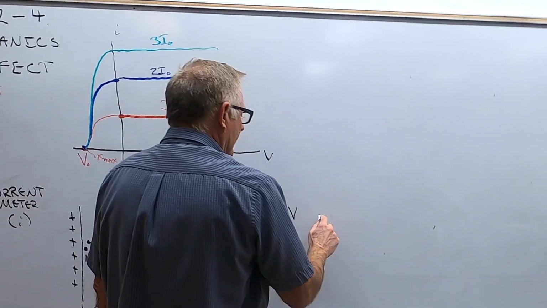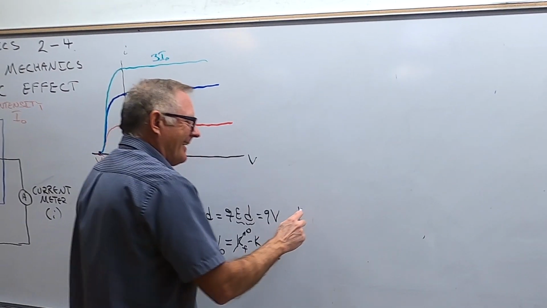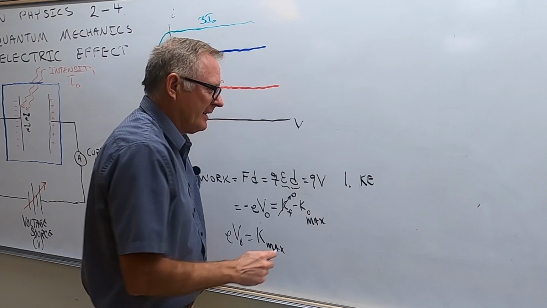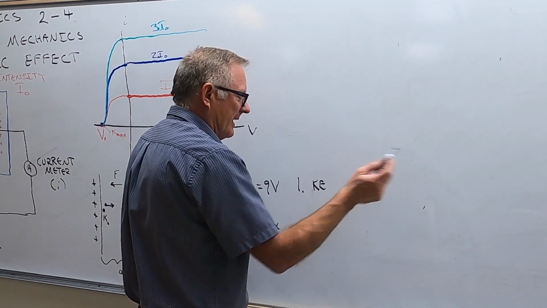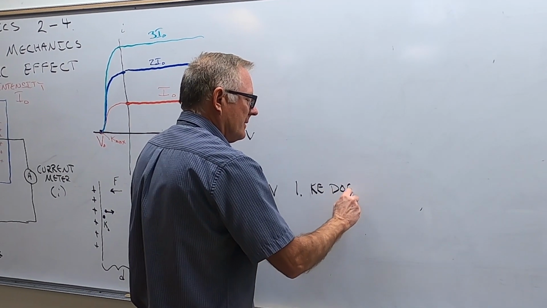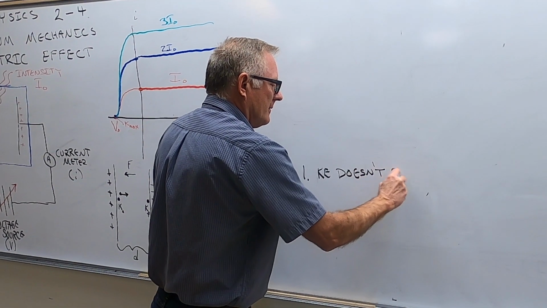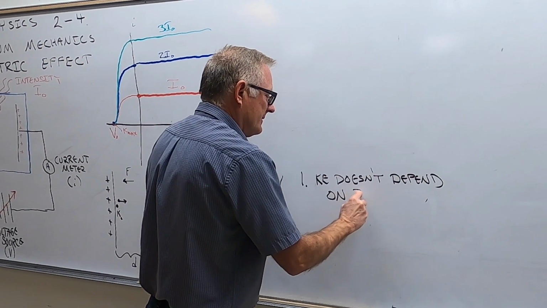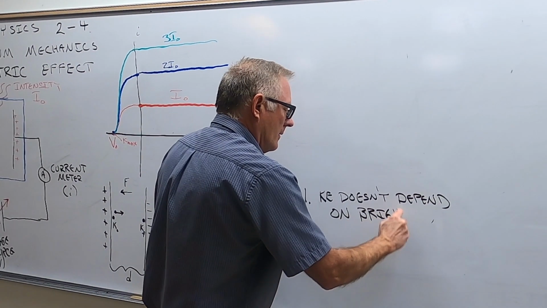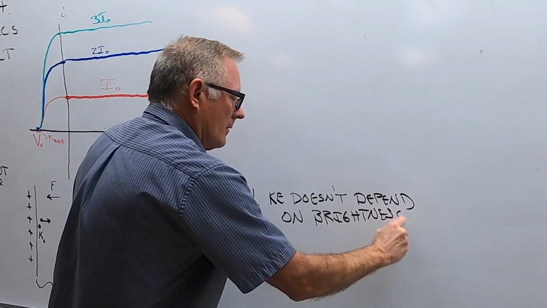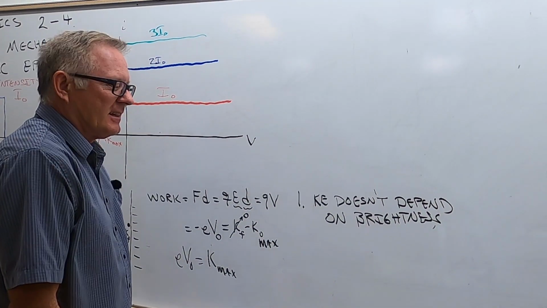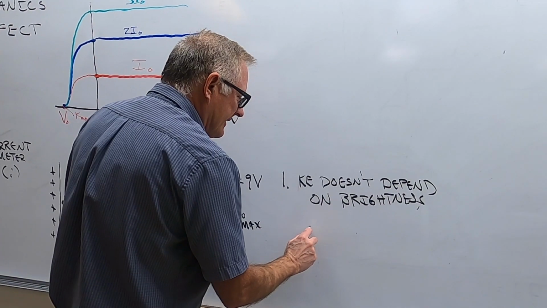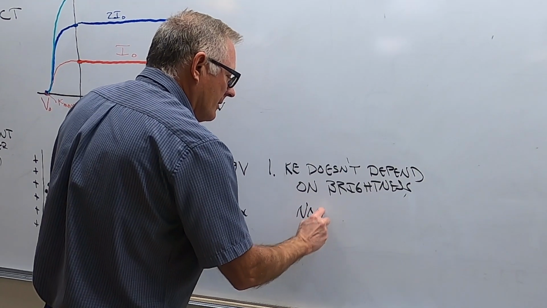This is statement one right here: the kinetic energy doesn't depend on brightness. This is not classical. Classically, you would think that the kinetic energy does depend on the brightness. So this is non-classical.